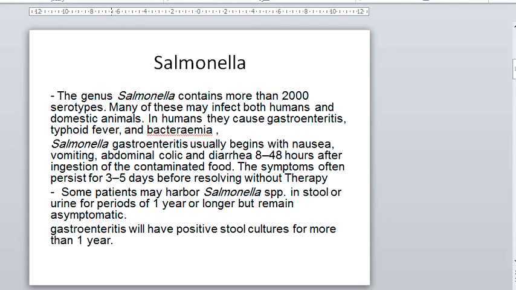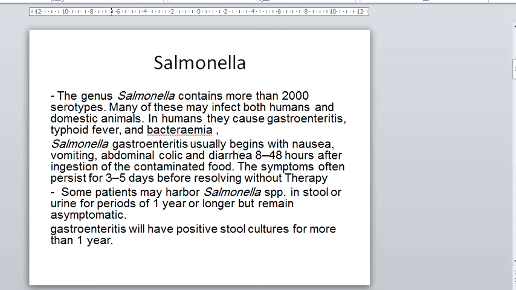Salmonella. The genus Salmonella contains more than 2,000 serotypes. Many of these may infect both humans and domestic animals. In humans, they cause gastroenteritis, typhoid fever, and bacteremia.